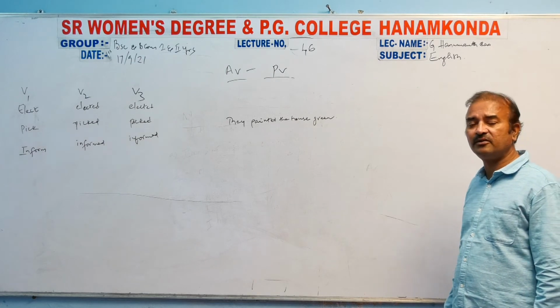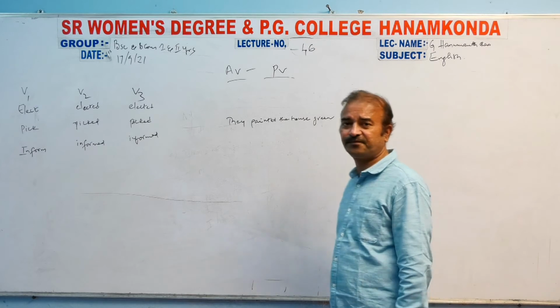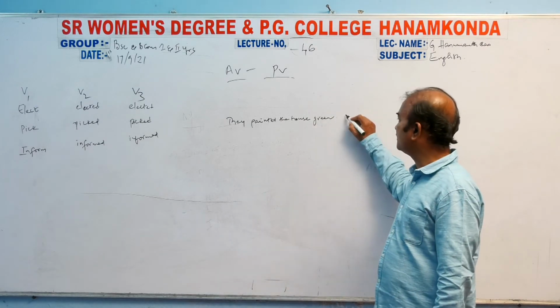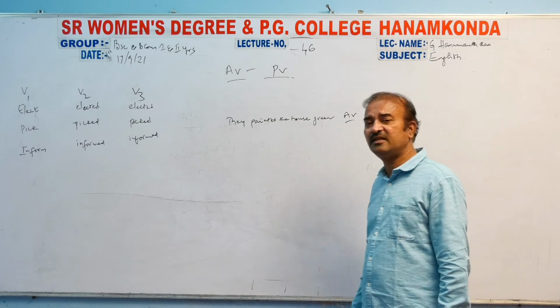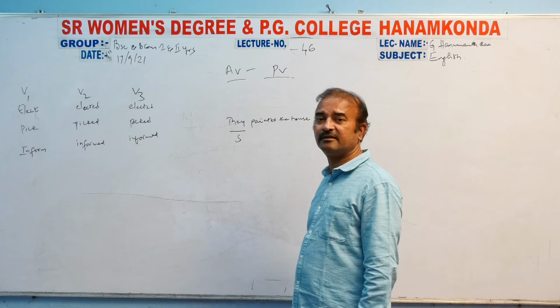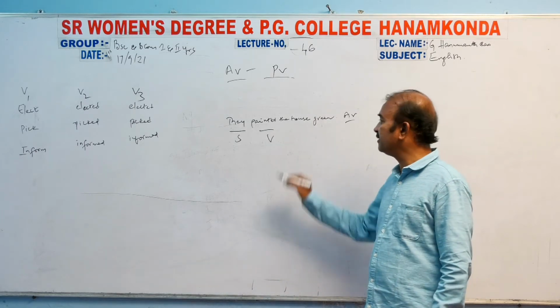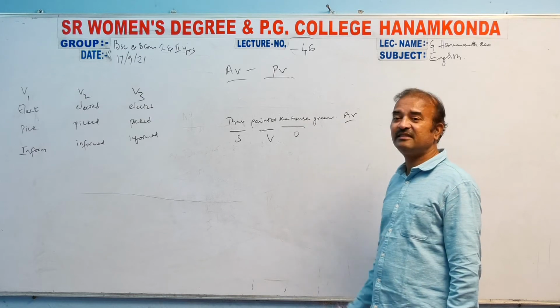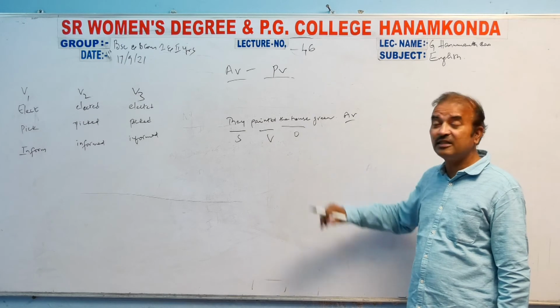They painted the house green. Check this, girls. They painted the house green. Subject, verb. This is the object. If you want to get the right answer, the house is the right object.